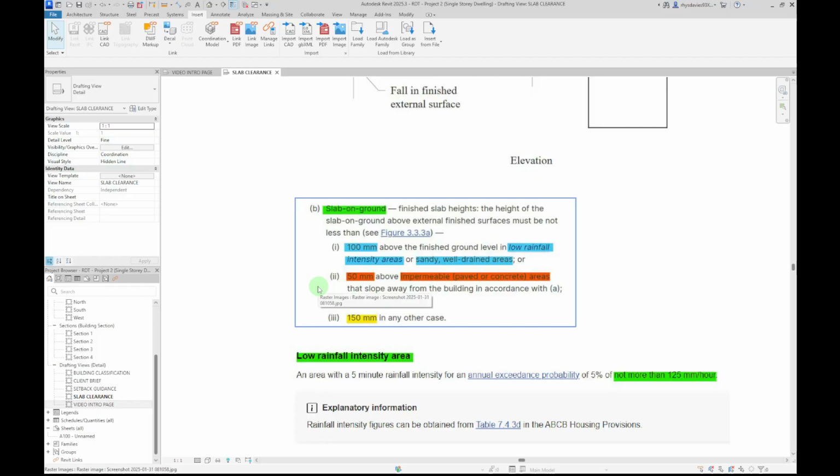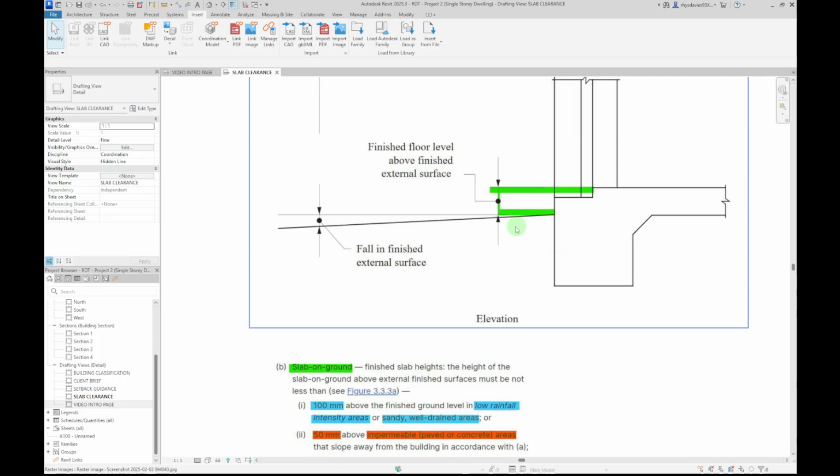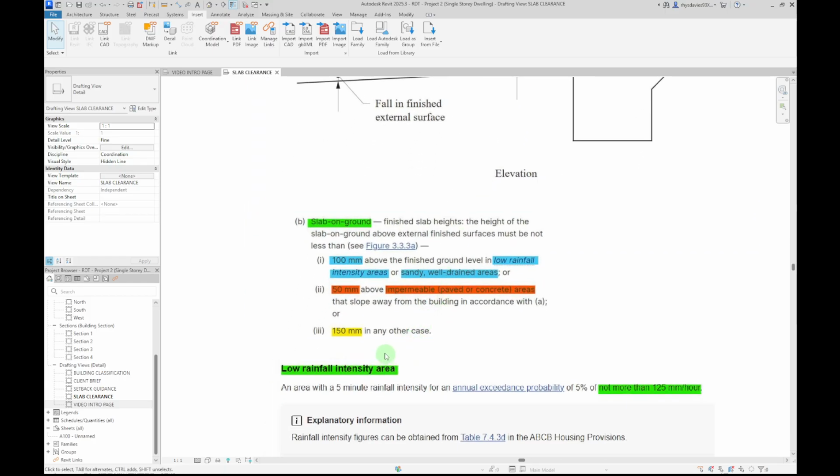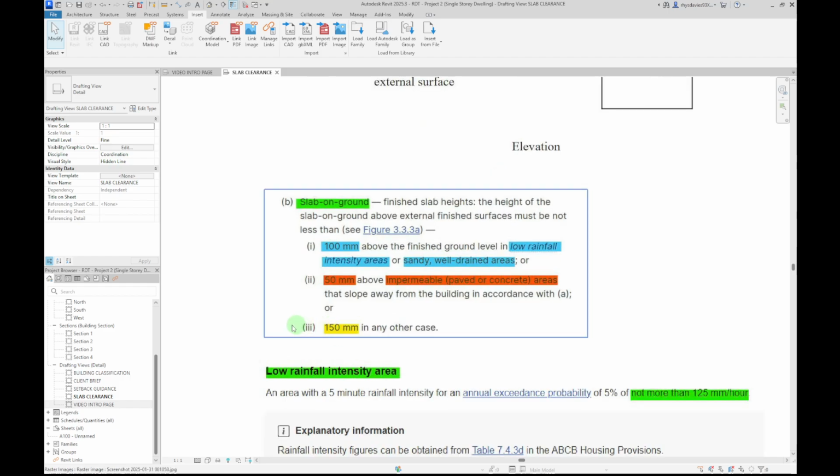Option number two is 50 millimeters above impermeable areas that slope away from the building. So instead of natural ground here, this could be a paved or concrete footpath or a driveway, and in that case you would need 50 millimeters. Option three is 150 millimeter clearance in any other case.